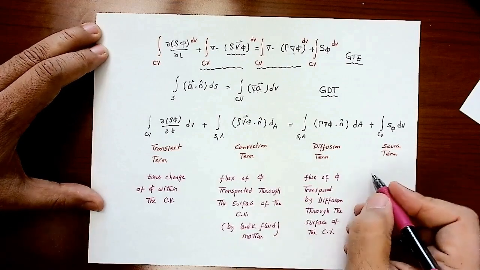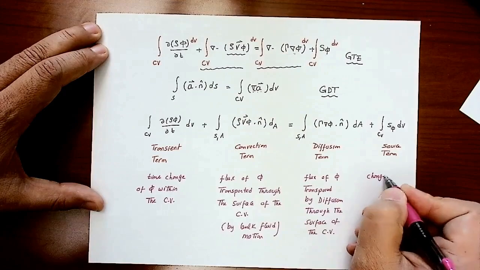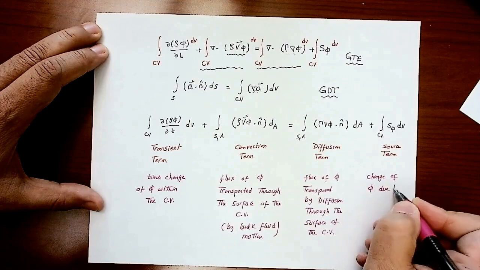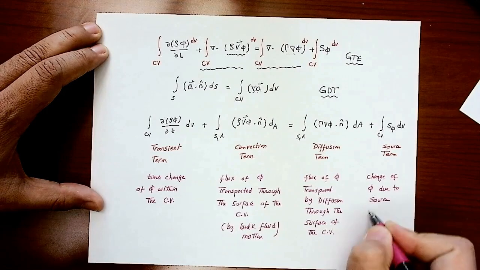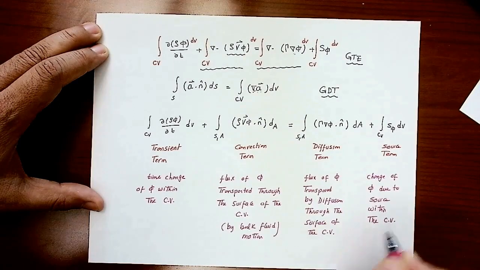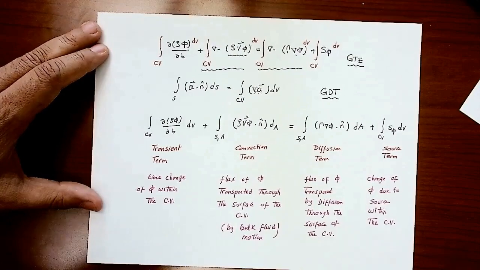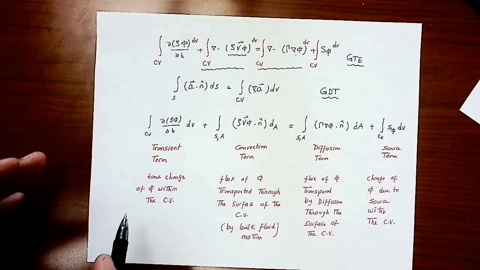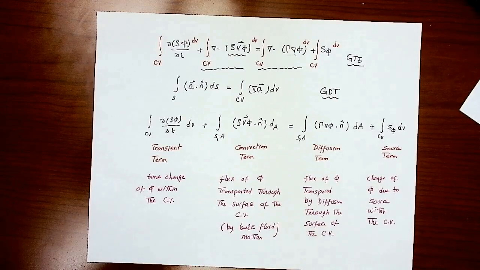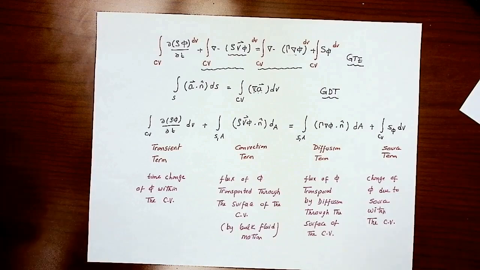And this is the change of the value of phi due to source within the control volume. So this is the interpretation of each of these terms. The time change of what's happening inside the control volume is a function of what's happening at the outer face, transport of phi by convection, bulk fluid going through the faces, or by diffusion through the faces, plus what's happening internally due to an internal source.